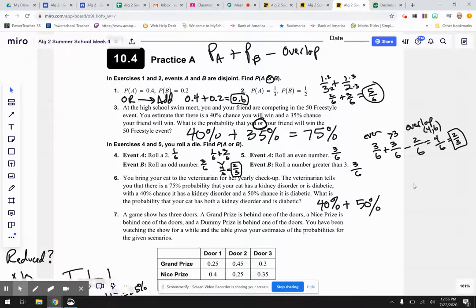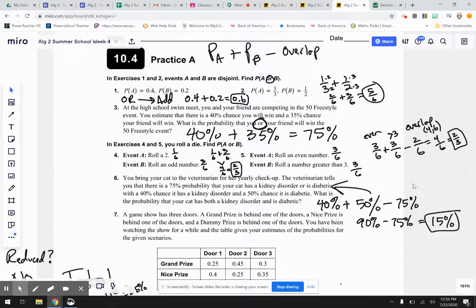It asks, what's the chance that your cat has both kidney disorder and is diabetic? So 40 plus 50, and then the overlap is 75%, because 75% is kidney or diabetic. So basically you're looking at 90% minus 75%, which is 15% is the chance of that happening.